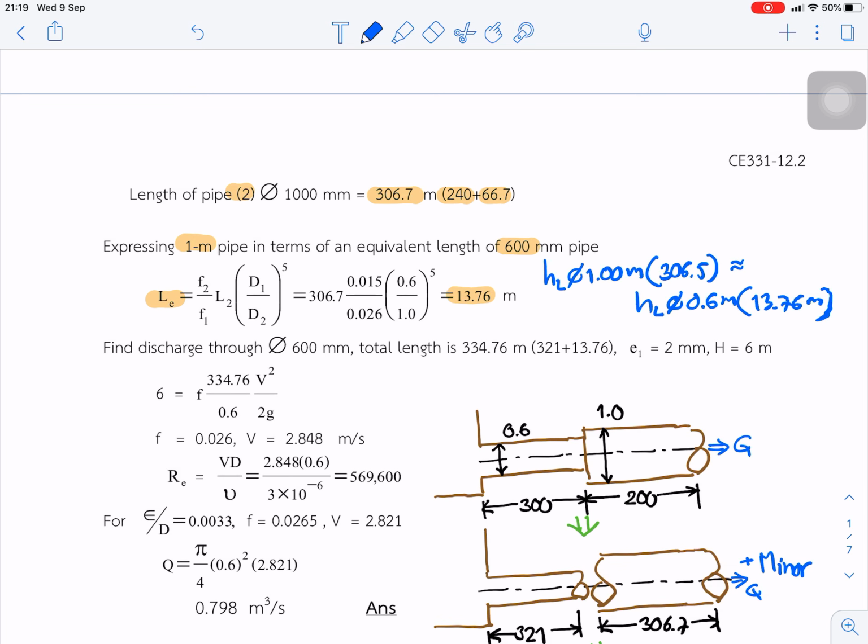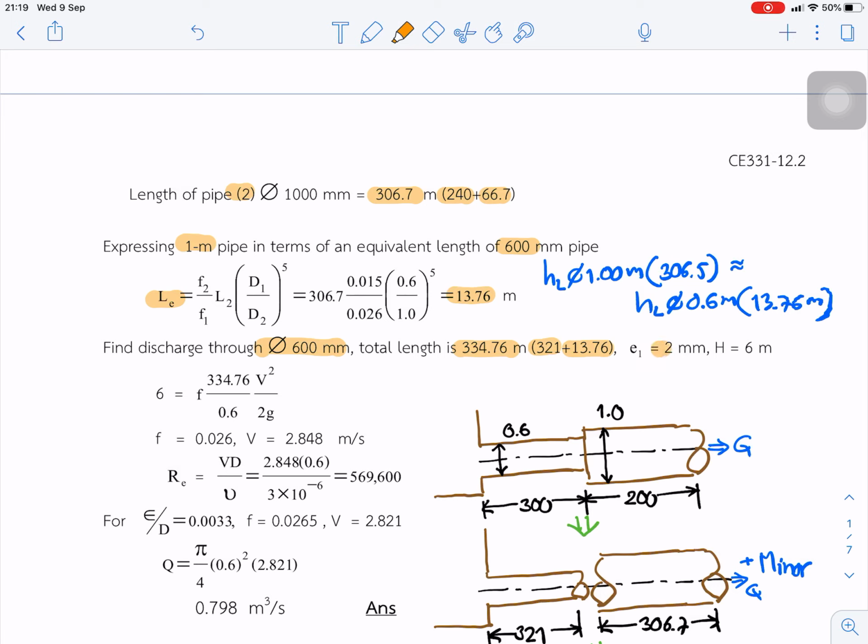To find the discharge through the 600 millimeter pipe, the total length is 321 plus the 13.76, and we get 334.